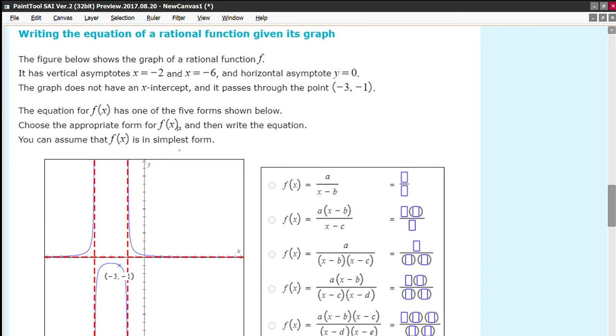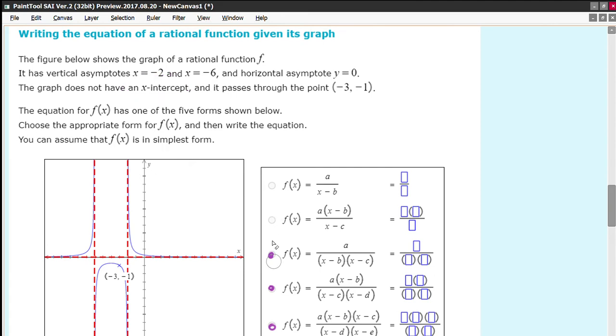For this example again, let's notice we have two vertical asymptotes, and notice that we do not have an x-intercept. That is telling us that our function has to have two factors in the denominator, so it could be one of these three options, but because we do not have an x-intercept, we cannot have a factor in the numerator.